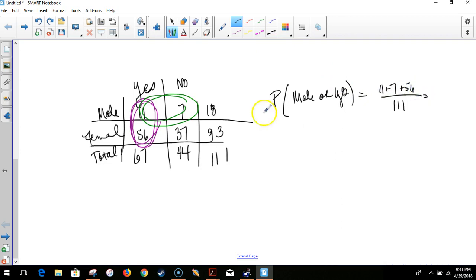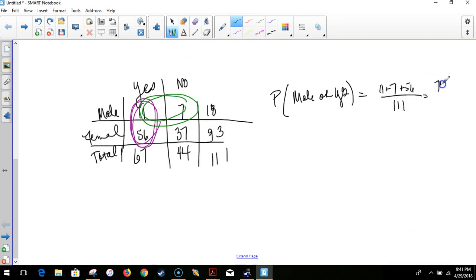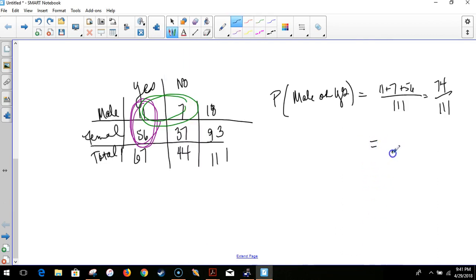So I'm just going to basically add the 18 that I have for the males and then the 56 for the females. And I get 18 plus 56, which is 74, over 111. And again, it'll all be multiple choice, so it'll tell you how it wants it written, but the key says 0.667. And so that would be number 11.